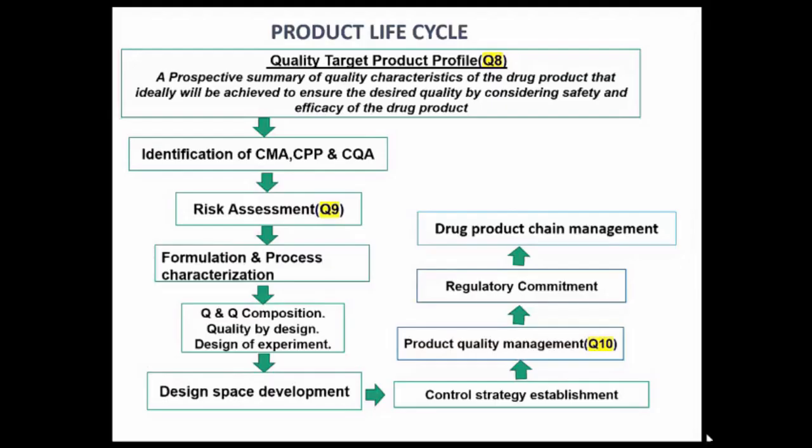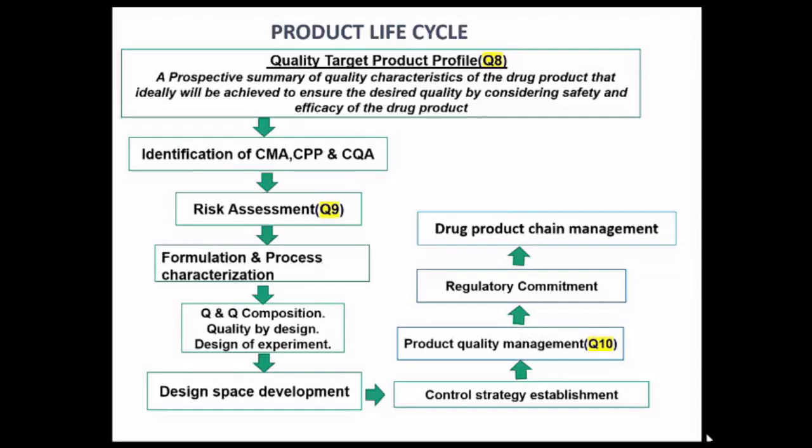In this formulation, first you have to identify the material attributes, any critical material attributes affecting the CQAs. What is my composition? Any critical materials in my composition, you have to check first. Then identification of critical process parameters.